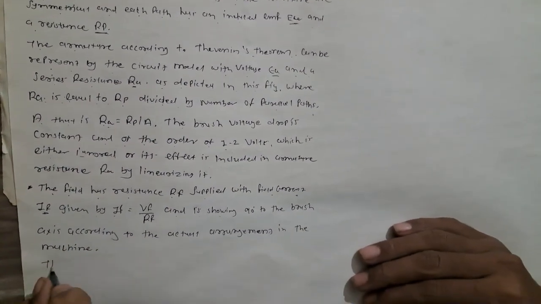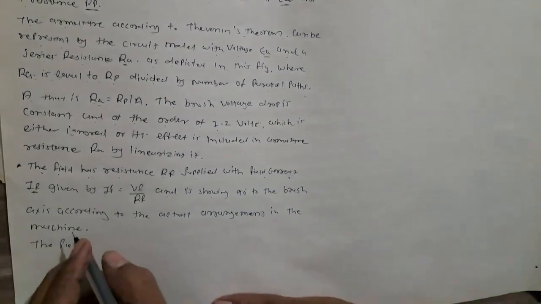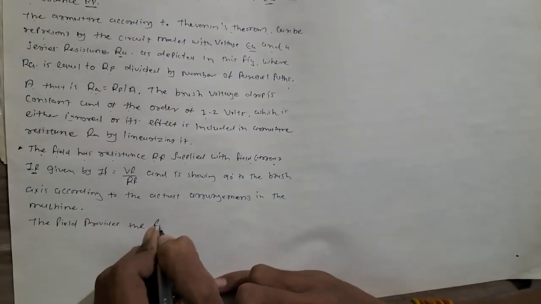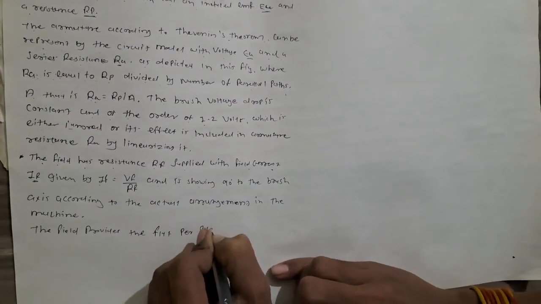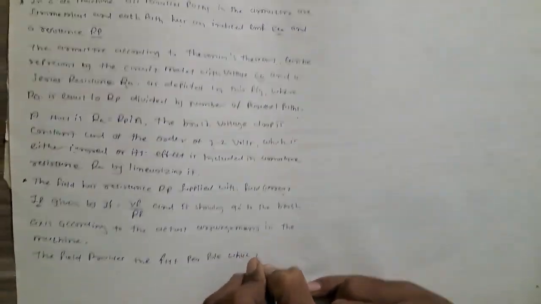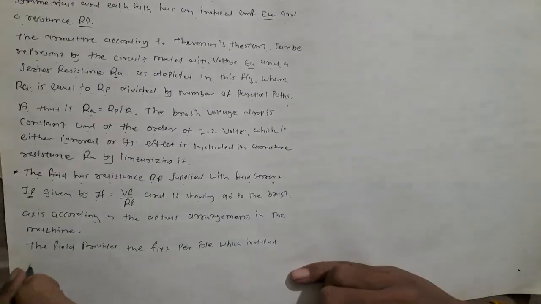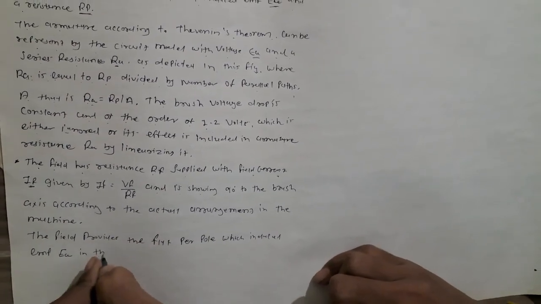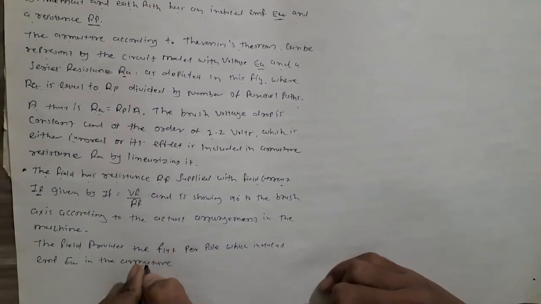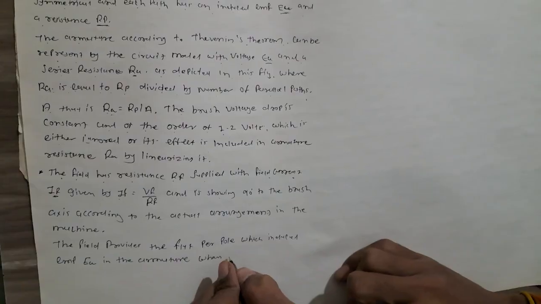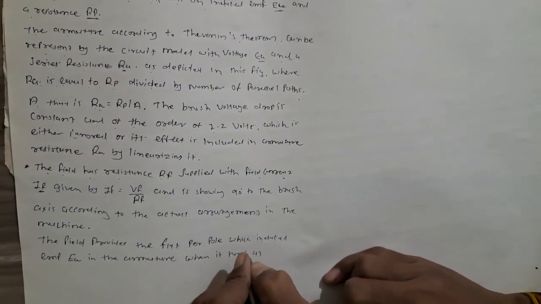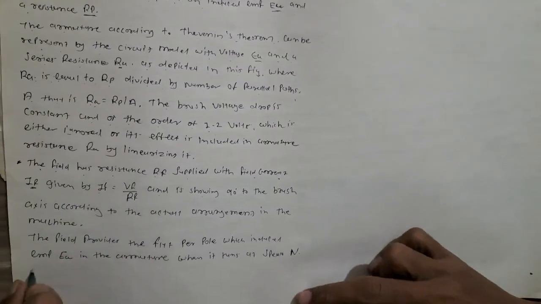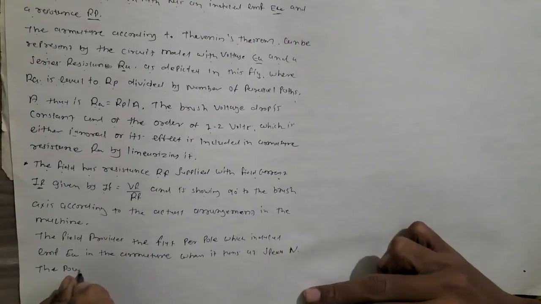The field provides the flux per pole, which induces EMF EA in the armature when it runs at speed n.